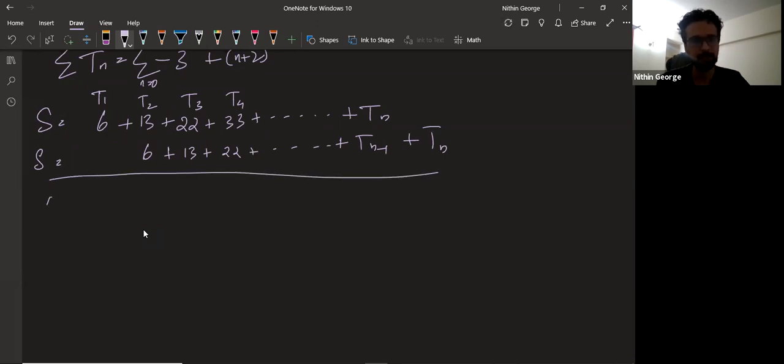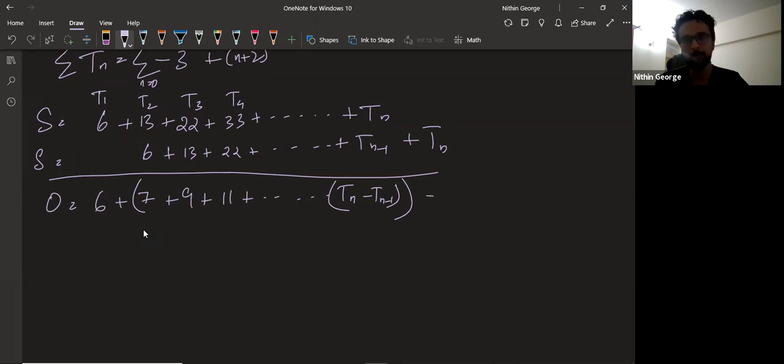I subtract both, I get 0 equal to 6 plus 7 plus 9 plus 11 all the way up till Tn minus 1, which will be the last term of this AP, minus Tn. Okay, now in the AP, I will call this T1, I will call this T2, I will call this T3, and so on.